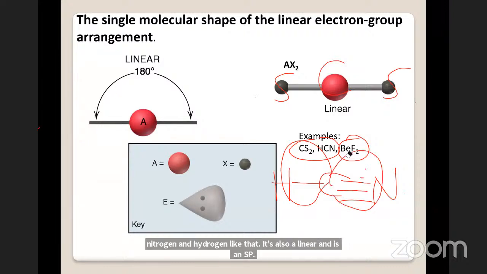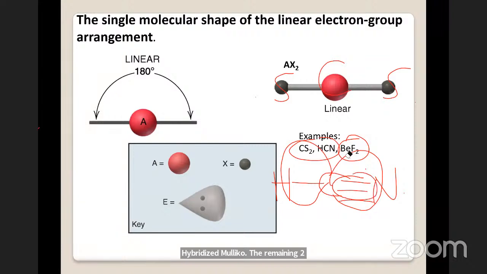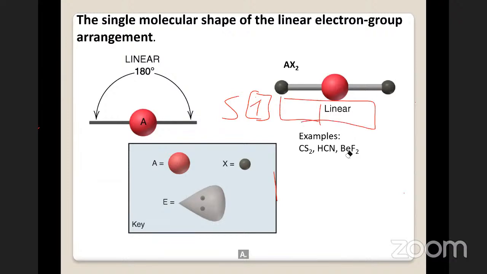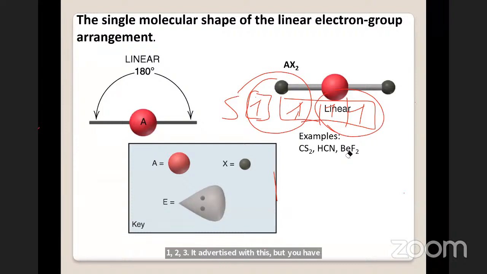The remaining two bonds that you have here are as a result of the pi electrons in an sp hybridized molecule. You know that when carbon undergoes sp hybridization, it hybridizes with this, but you have 2 p orbitals that are not used in hybridization.